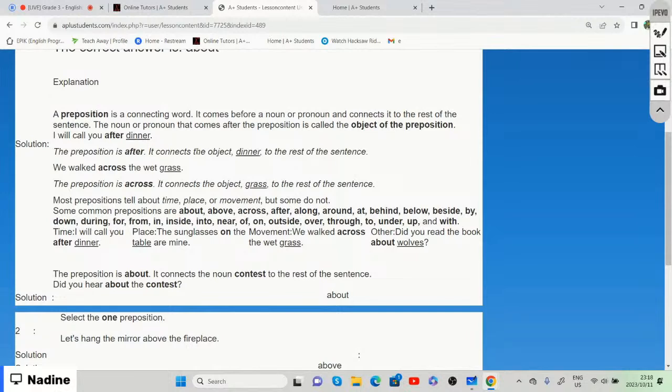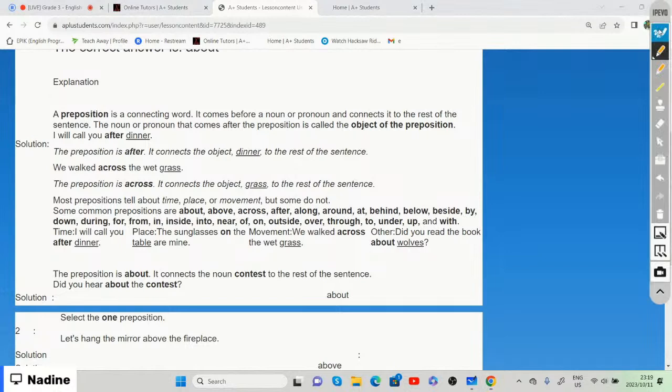We walk across the wet grass. So the word across tells us that it is a preposition of movement. So basically, after is time, and across is movement.